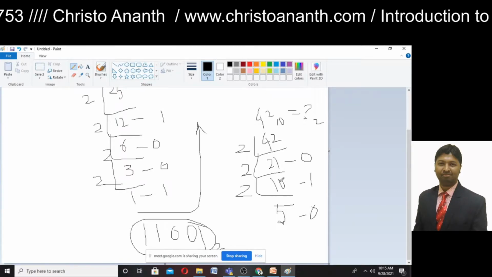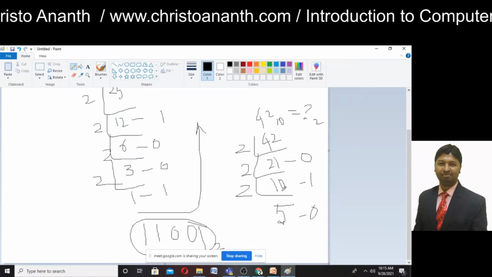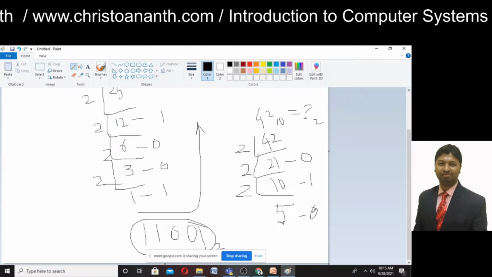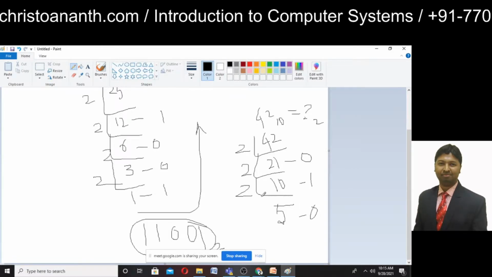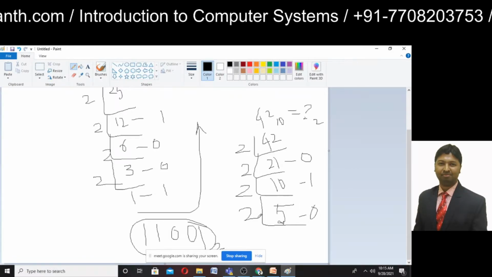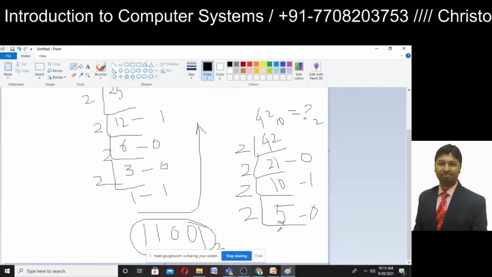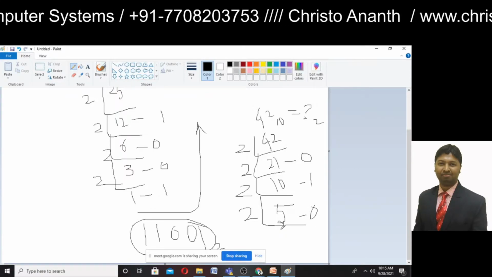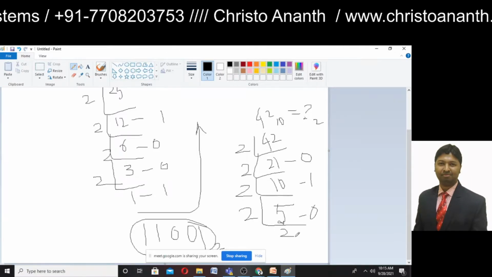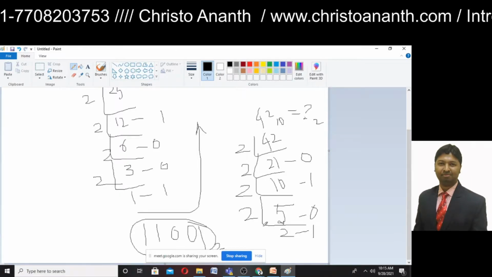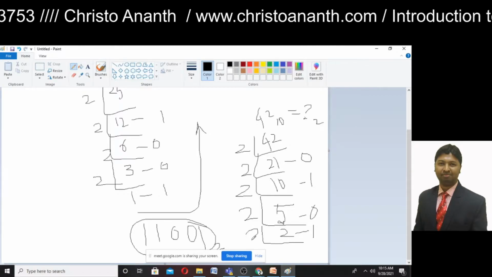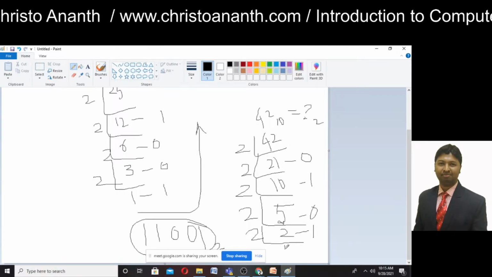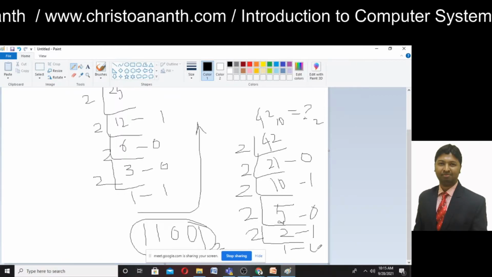For example, if you have 11, the remainder is 1. Then 5 divided by 2 is 2 remainder 1. The last one is 1 itself.